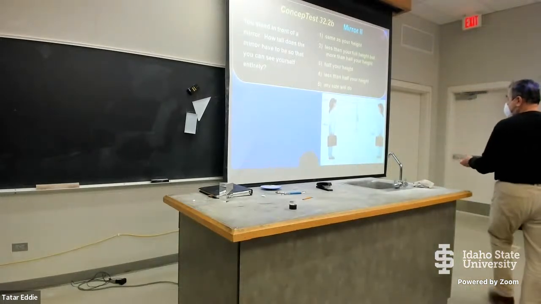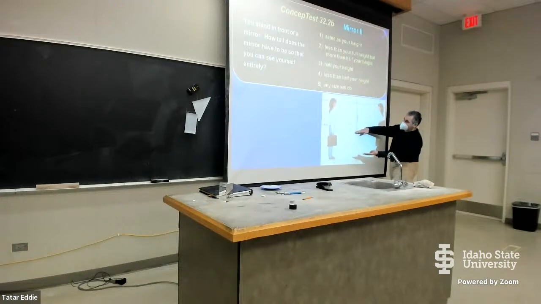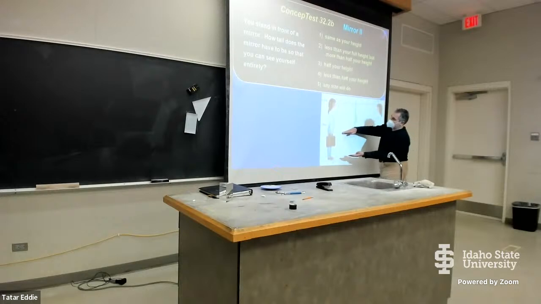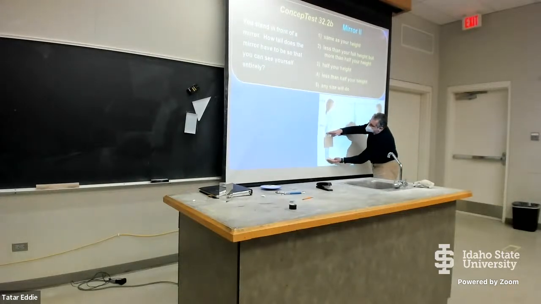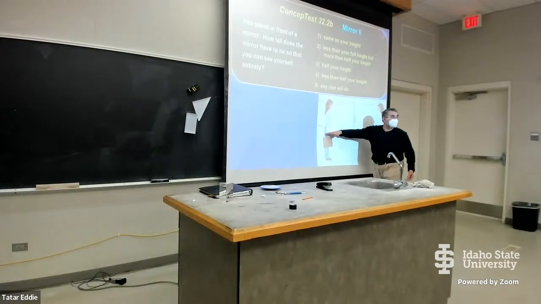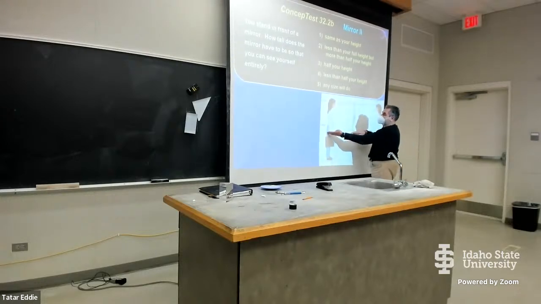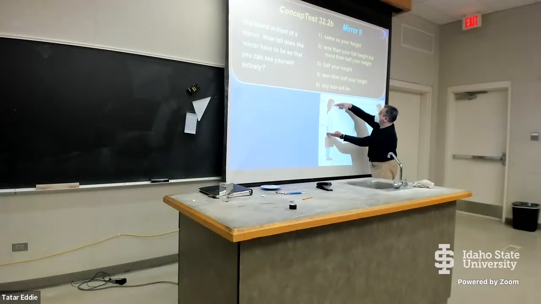So, what is the minimum size of the mirror that you need? Look, this diagram tells you. This distance is what? Half of 150 is 75 centimeters. So you need 75 centimeters from here to here.